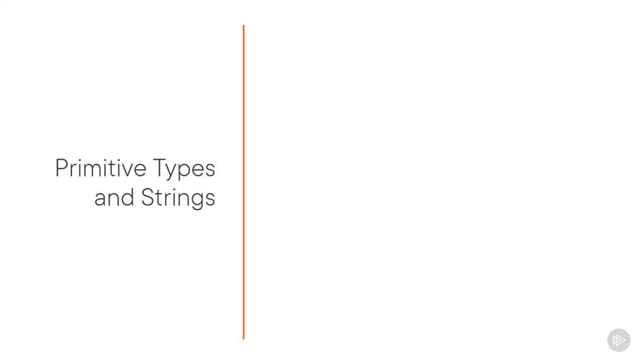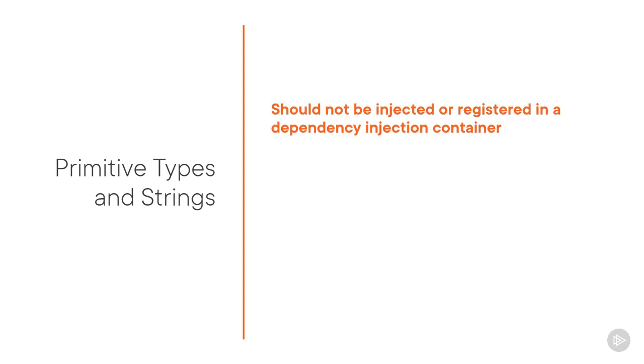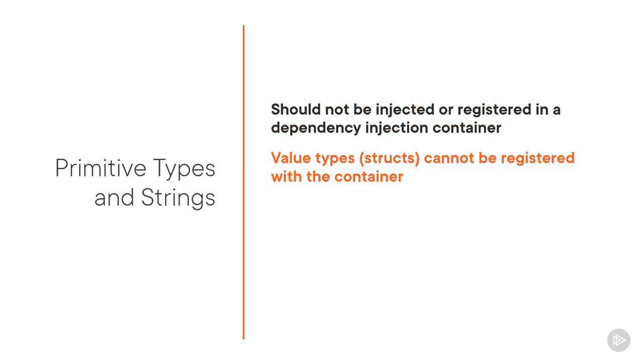It may also be tempting to try and store primitive types such as an integer or strings in the dependency injection container. These are also poor candidates for dependency injection. Typically, they're not actual dependencies of a class, although some classes may choose to accept them in their constructor. Value types such as integers and bools are not supported for registration using the generic registration methods on the IServiceCollection.